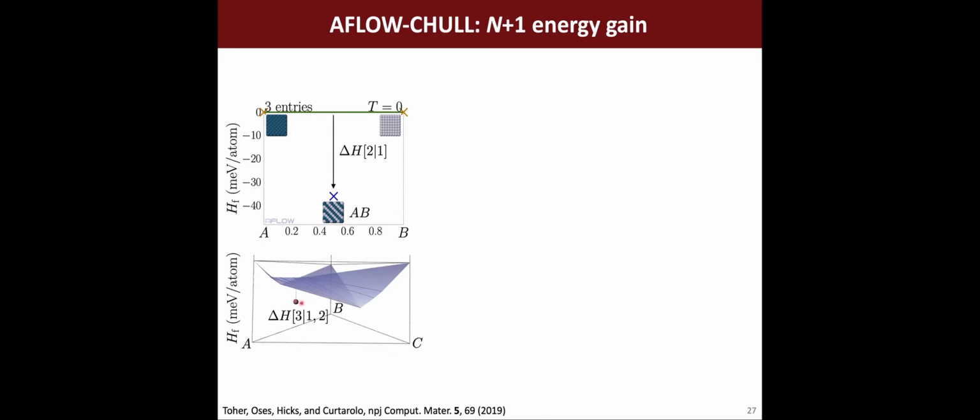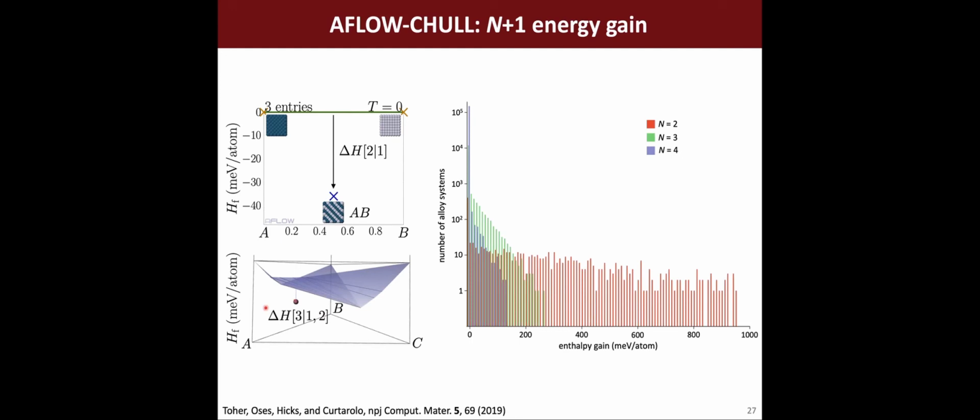The question now is, is there an enthalpy gain from going from 3 components to the convex hull defined by the pure components and the endpoints here? Okay, so if I build the convex hull, which is only defined by the edges of the convex hull, then this ternary system here has an enthalpy gain with respect to the convex hull. We can do that analysis. Professor Curtarolo showed this picture in his talk.